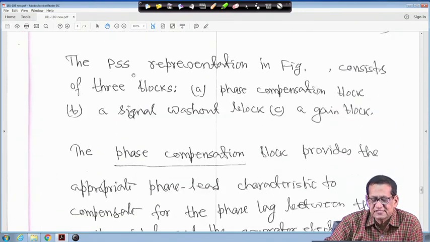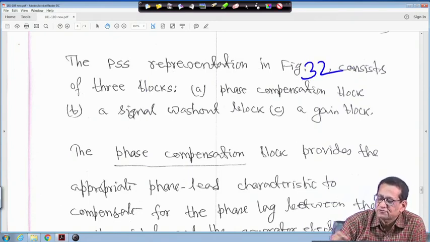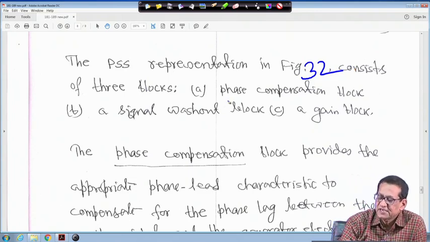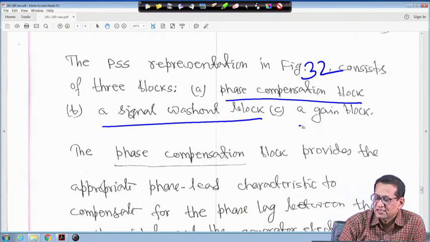The PSS, the power system stabilizer representation in figure 32, consists of three blocks: a phase compensation block, a signal washout block, and a gain block.